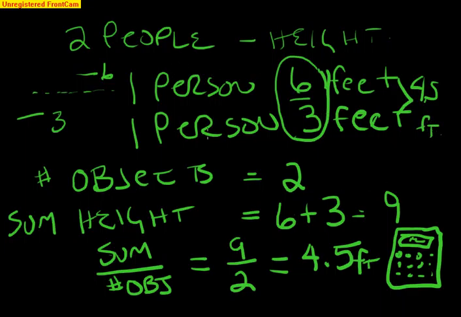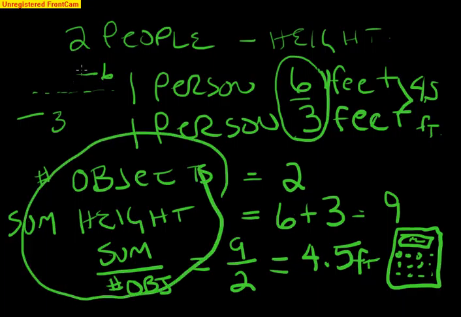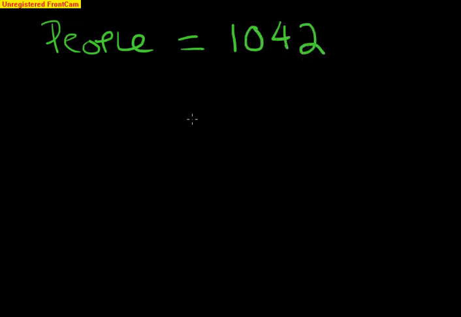Okay? Now let's just remember this stuff down here at the bottom, and we're going to do one that's a little bit more complicated. Let's say we're still calculating the average height again, but we've got people, and I used to know how to spell. All you spellers out there, I'm sorry. Let's say we've got, I don't know, 1,042 people.